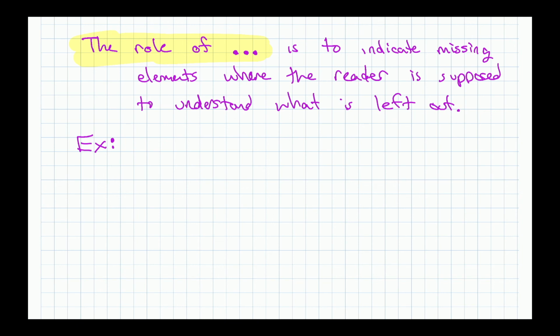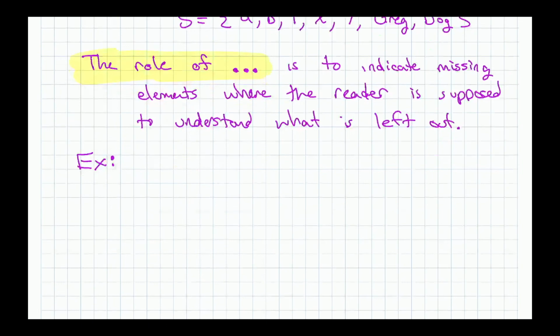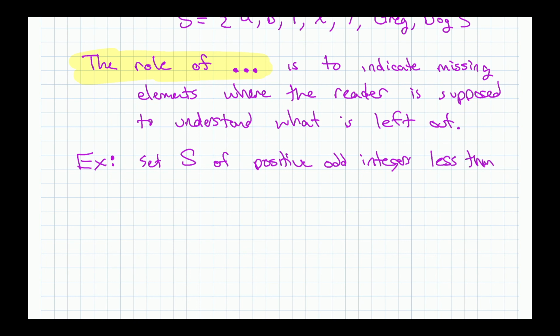Let's say instead of odd numbers less than 10, I want set S of positive odd integers less than 100. Well, now that's harder to write, right?